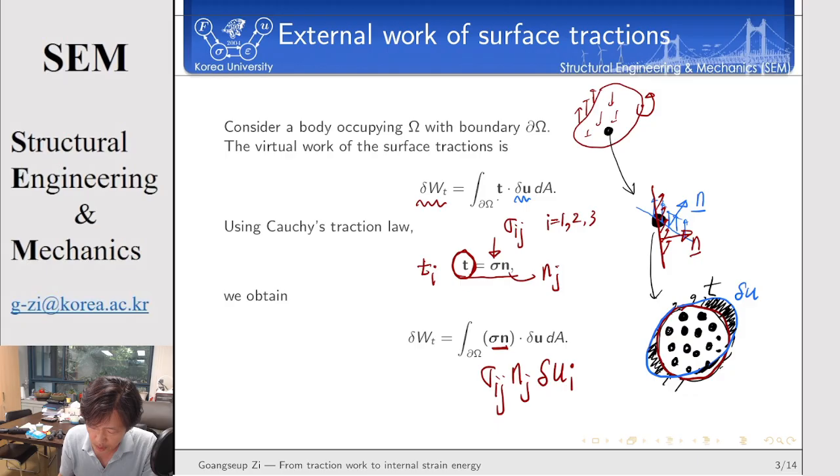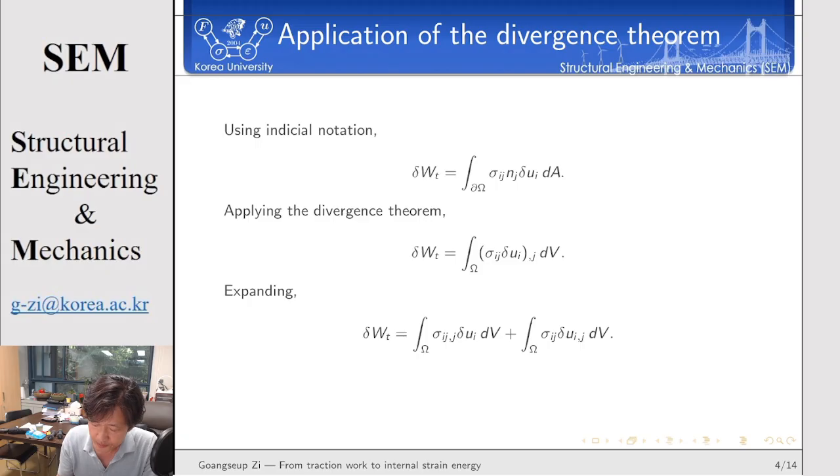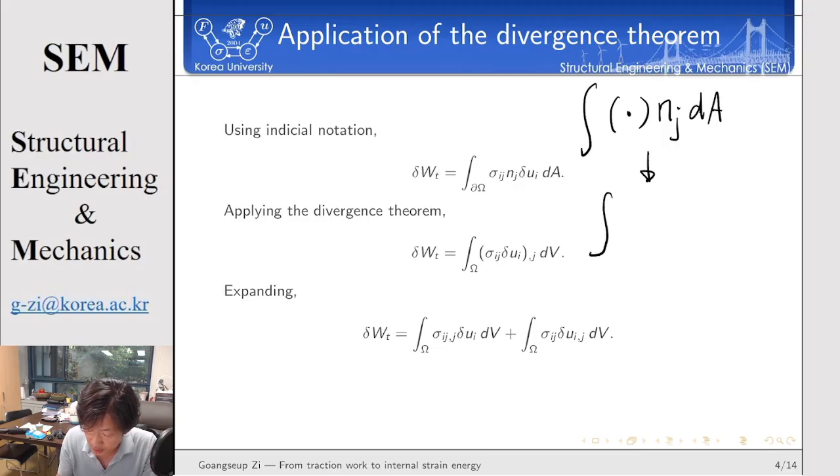So let's take a look at this equation carefully. I have the normal, and the integration is for a surface. Then maybe you can remind the so-called divergence theorem. The divergence theorem is, if you have integration for a quantity with the normal vector, for example J n dA, that can be transformed to the corresponding volume integration.